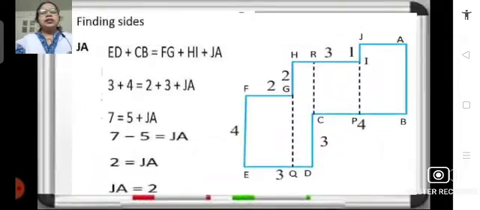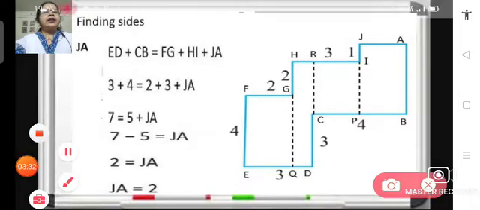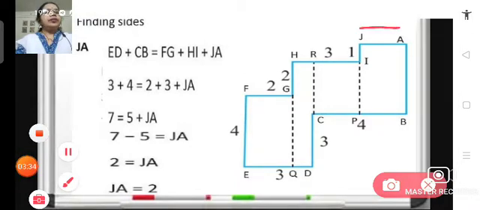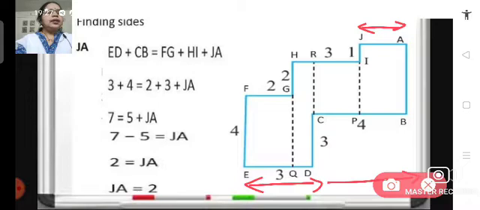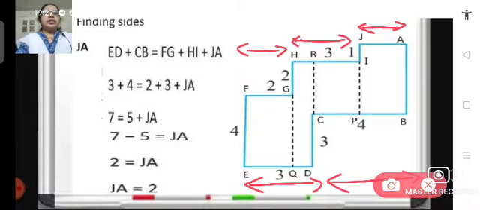Now let's first find the side JA, this side. So we can see that ED plus CB, that means this plus this, ED plus CB is equal to FG plus HI plus JA, isn't it? So ED plus CB is 3 plus 4, given 3 plus 4.